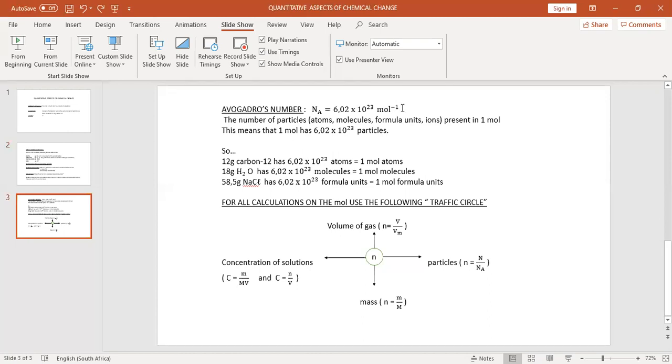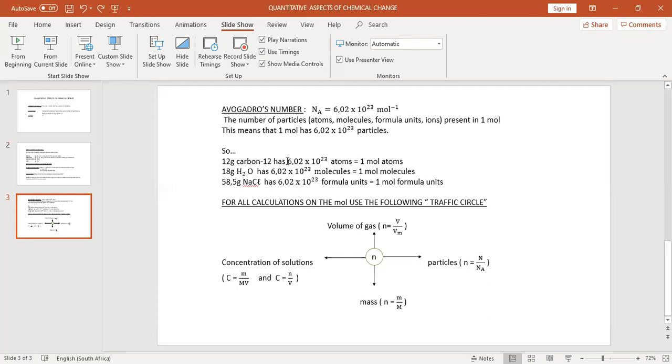Per mole means in 1 mole. This is a very large number. So instead of using this number, we say Avogadro number. And it says the number of particles. Again, my particles are atoms, molecules, formula units, or ions that are found in 1 mole. So 1 mole will always have this number of particles, always.